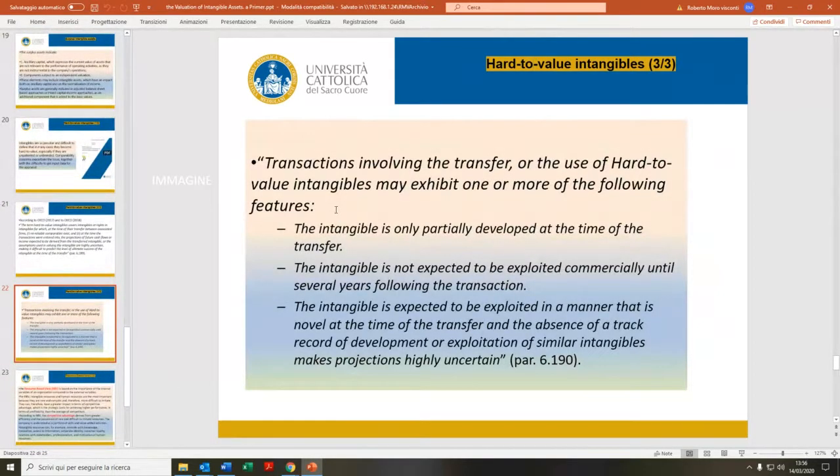Transactions involving hard to value intangibles may be difficult because the intangible is only partially developed, is not expected to be exploited commercially at that very time, or is expected to be exploited in a manner that is novel, and so there is no benchmark for this kind of valuation. That's why this kind of intangibles are typically hard to value.